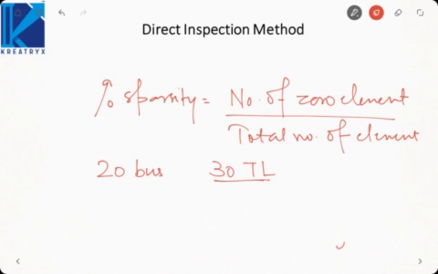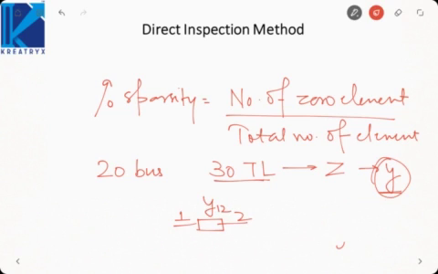Now each transmission line will have some impedance Z and some admittance Y. So if the transmission line connected between bus 1 and 2 has the admittance Y12, where it will appear, Y12 will be equal to minus y12, and by symmetry Y21 will be equal to Y12, equal to minus y12.